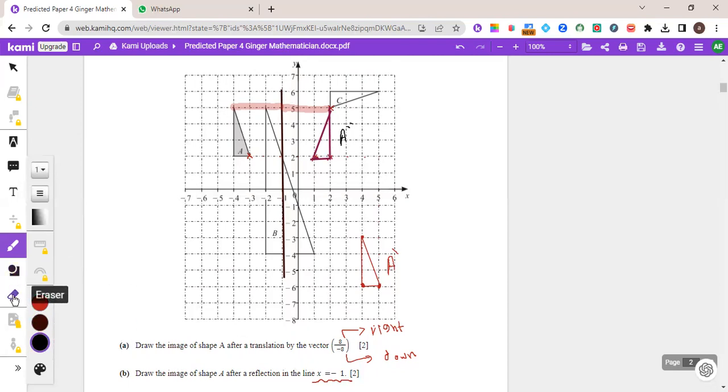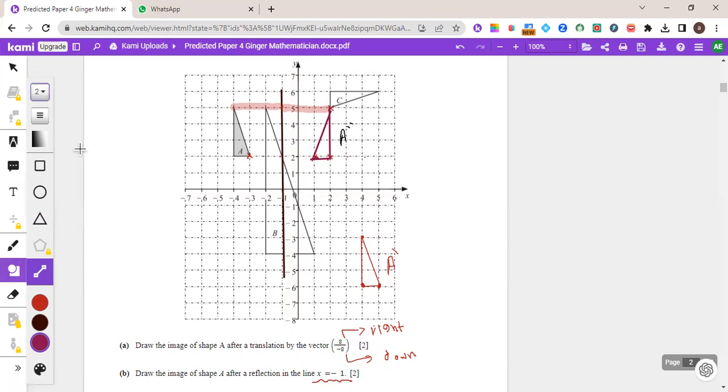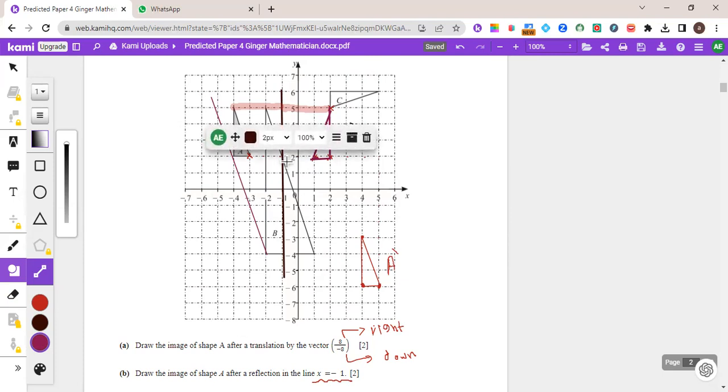If I join each vertex with its image, like this, shape B into shape A, yes?